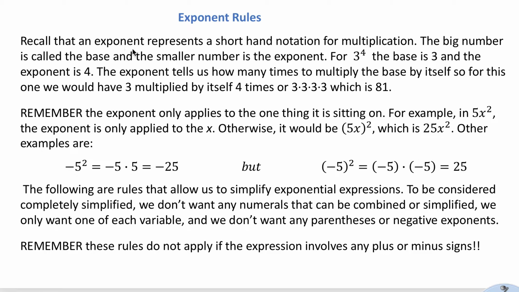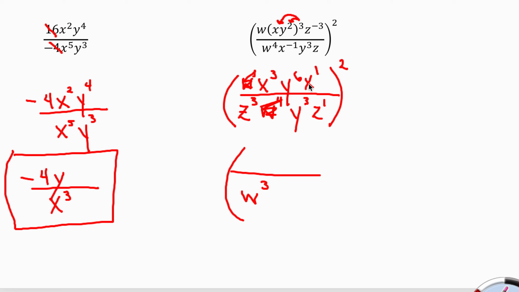So if there's 1 up here and 4 in the bottom, that means there's going to be 3 W's left in the bottom when I'm finished. Now I've got X's, right? They're both in the top. So I'm going to add those exponents. I've got 3 X's here, and here's another X. So really, all my X's, when I put them together, I'm going to have 4 X's.